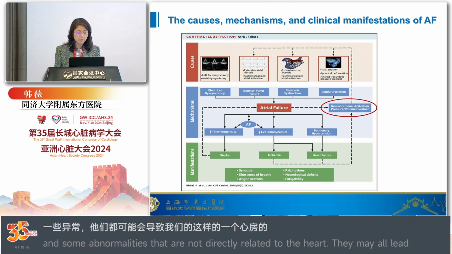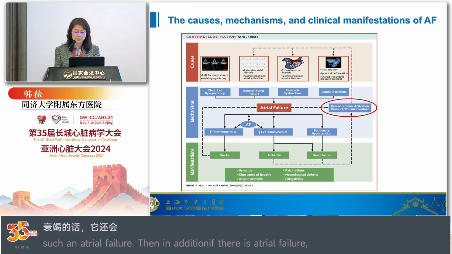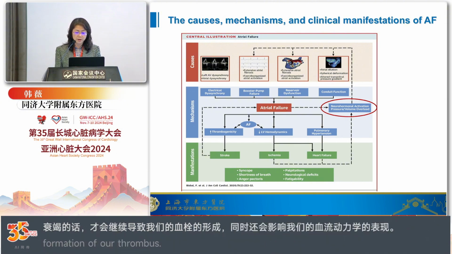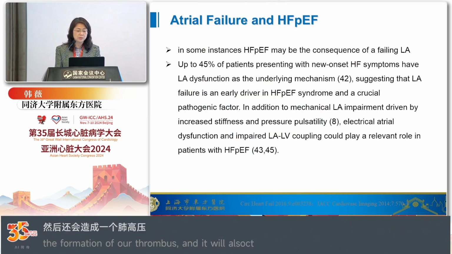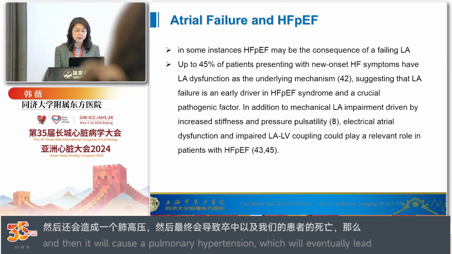It will increase thrombus, decrease left ventricular hemodynamics, and increase pulmonary hypertension, and thus increase stroke, ischemia, and heart failure. In some instances, heart failure may be the consequence of a failing left atrium.